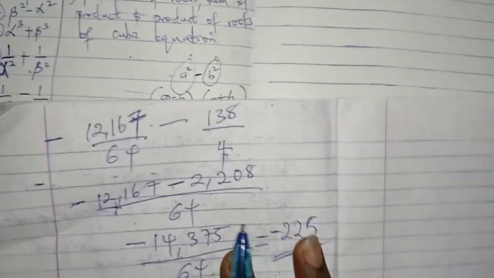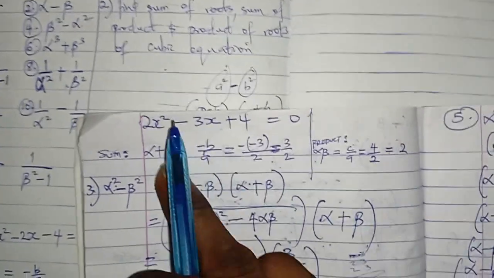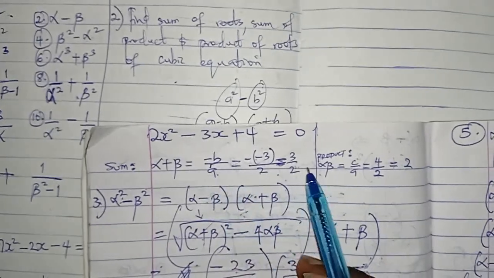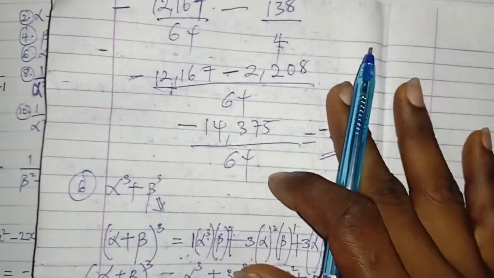So I can now substitute. Notice that in the question, alpha plus beta we got to be 3 over 2. So let me replace it.